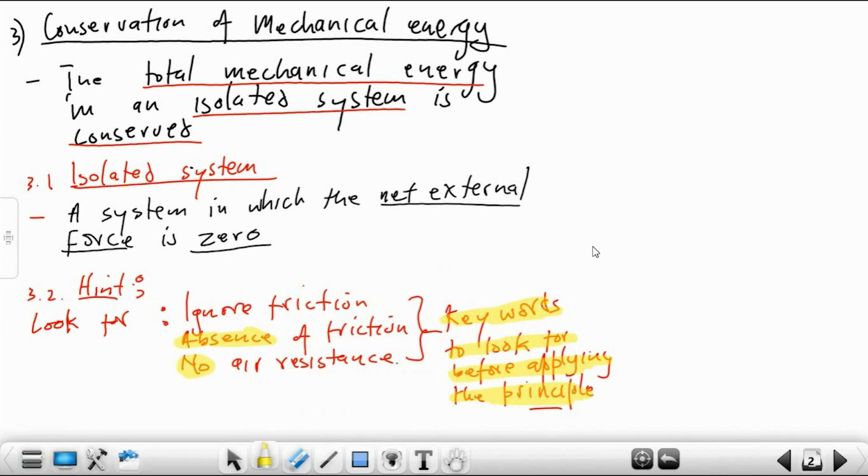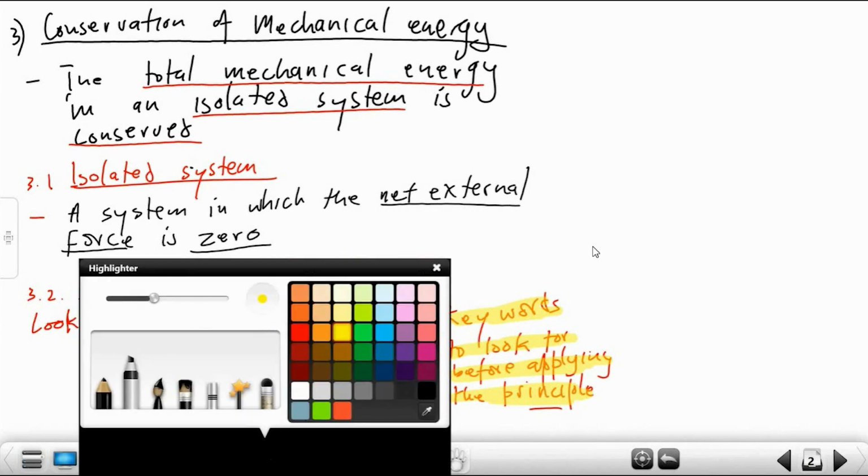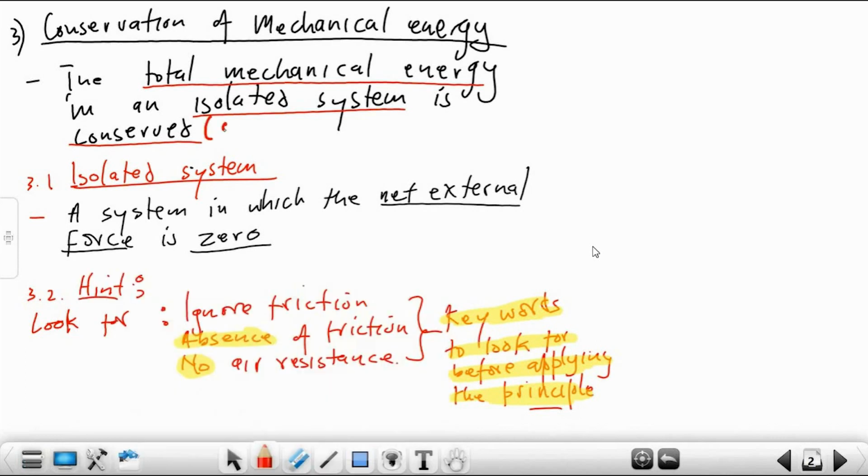The reason for that is mechanical energy is only conserved when there is no friction. So once there is friction, then we can easily say the mechanical energy is not conserved.